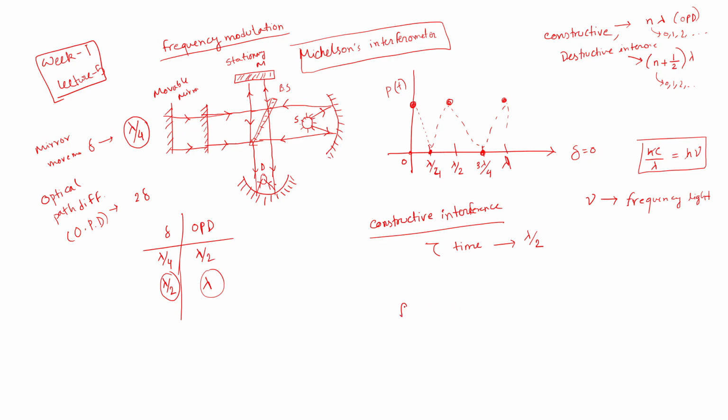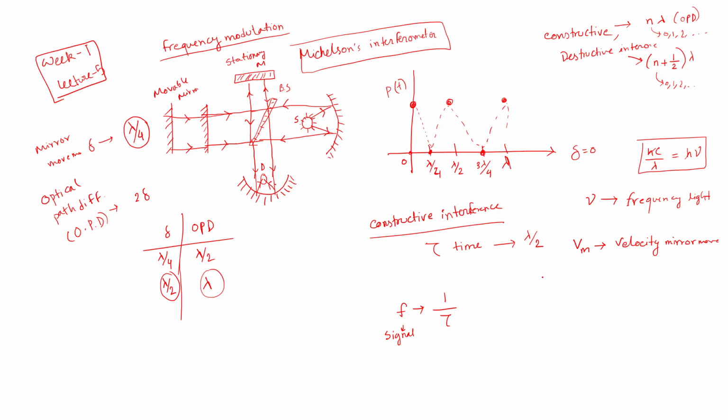So the frequency of the signal, or of this mirror movement, is 1 by tau, and we also know the velocity of the mirror movement.